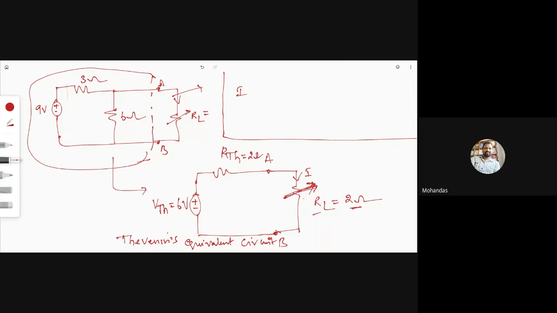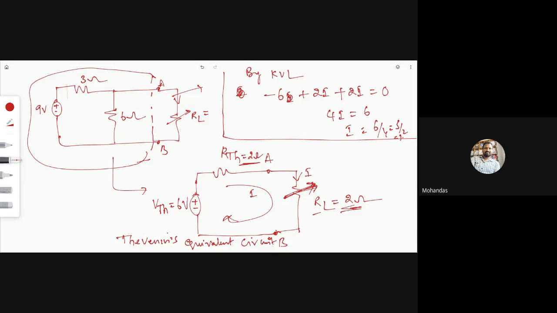Please make a note of it. Now, what is the current I which is flowing through this one? Again, you have to write the KVL, or you can also directly calculate. By KVL in this loop, minus 6 plus 2I plus 2I equal to 0, where R Thevenin is 2 and RL is 2. 4I equal to 6 volts, I equal to 6 by 4, which is 3 by 2, equal to 1.5 amperes.